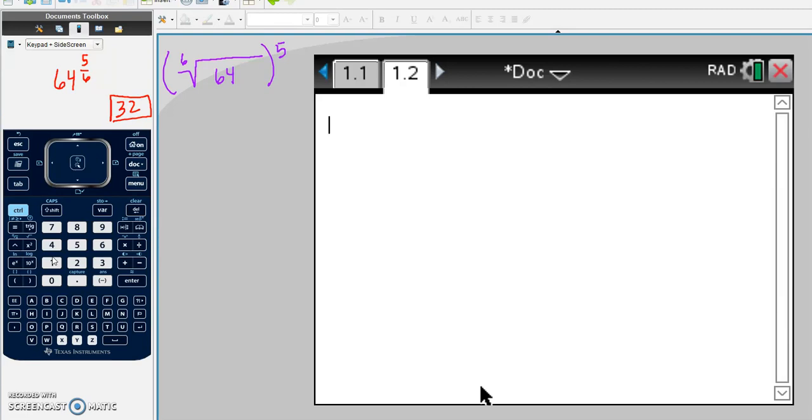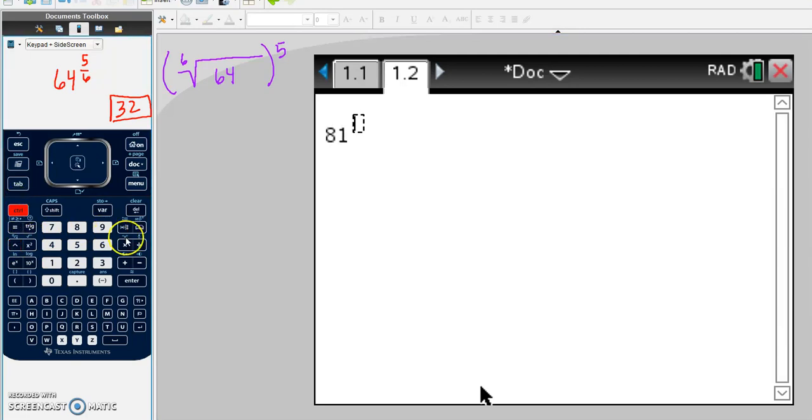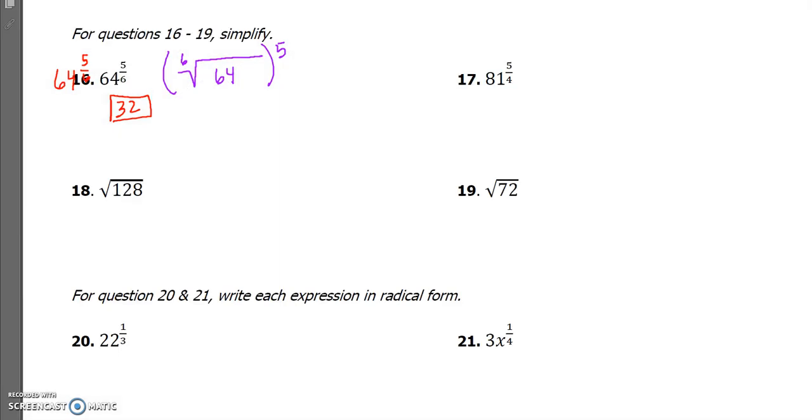It was 81 to the 5 over 4 power, right? So I'm going to type in 81. I'm going to my caret button. I'm going to change that to a fraction. And then it was 5 over 4. Enter. So 243 would be the answer.